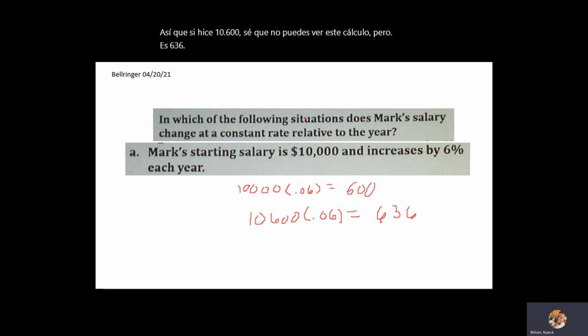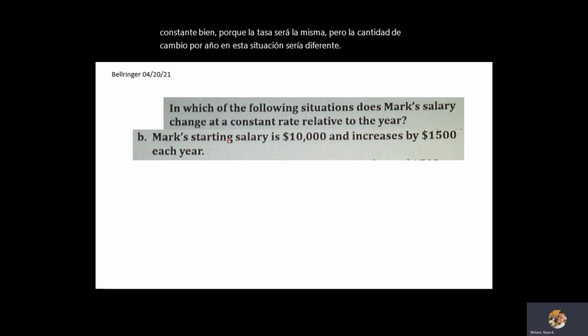So you see even right there, the common difference is not the same. It's not even 600 here for the second one. So this means that when you're increasing by a percentage, it cannot be constant. All right, because the rate will be the same, but the amount of change per year in this situation would be different.